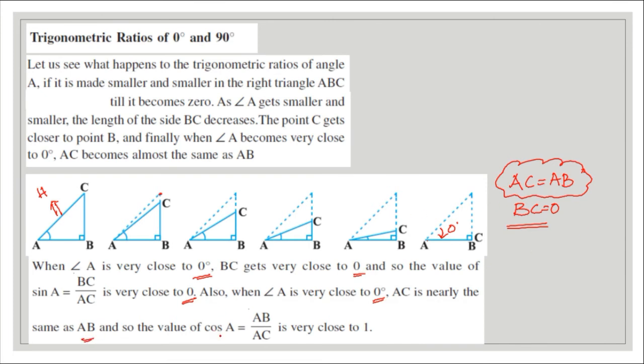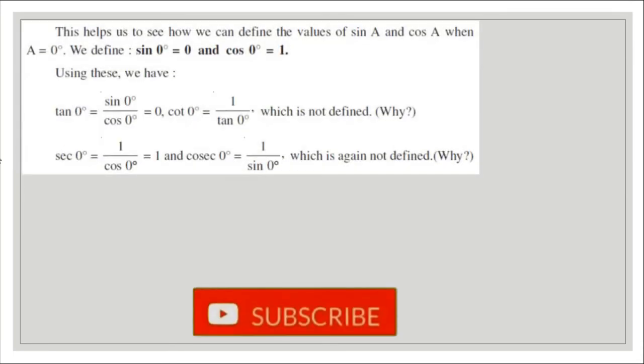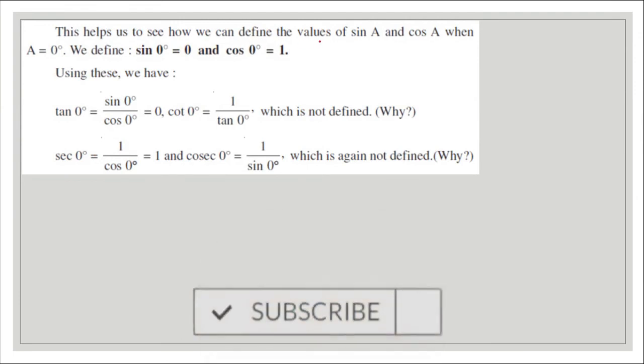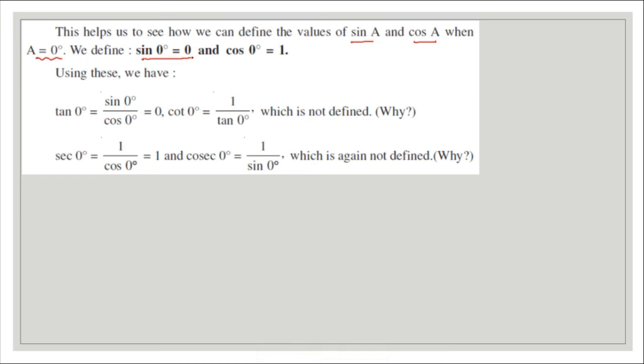So the cosine of the angle will be AB upon AC, it becomes close to 1. Understood? This helps us to define the values of sine and cos. When the angle is 0 degree, sine 0 degree is 0, cos 0 degree is 1.